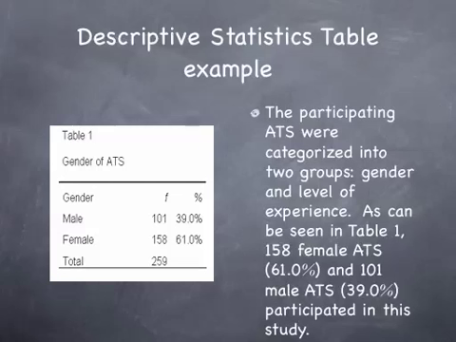As can be seen in Table 1, 158 female athletic training students, or 61%, and 101 male athletic training students, or 39%, participated in this study. So I have a table that shows that, and some language wording that describes the breakdown between the genders of the people that were in my study.